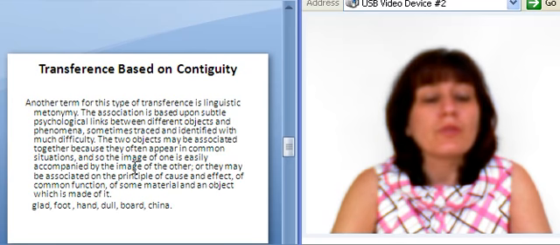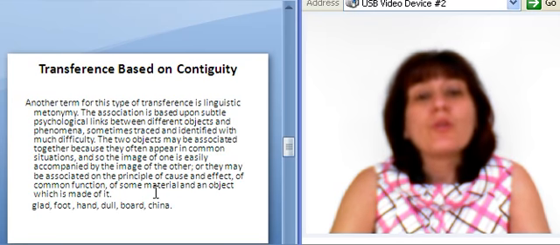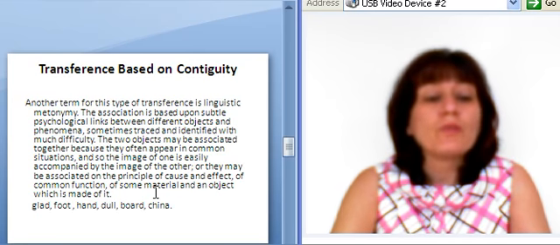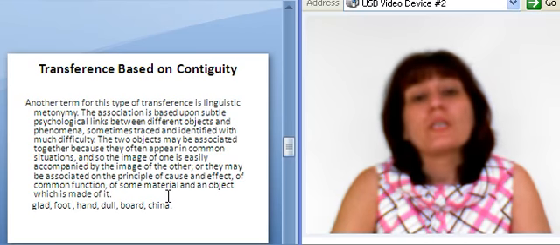The two objects may be associated together because they often appear in common situations, and so the image of one is easily accompanied by the image of the other, or they may be associated on the principle of cause and effect, of common function, of some material and an object which is made of it. And we discussed a lot of examples of this kind of transference.